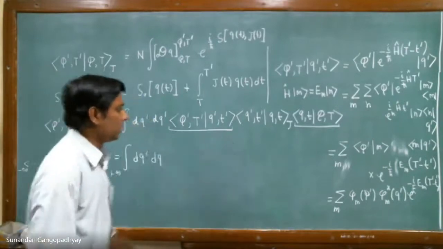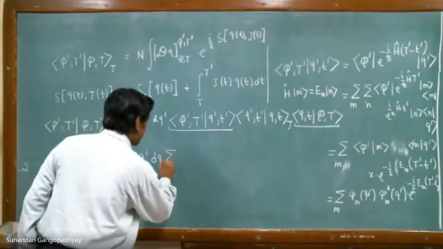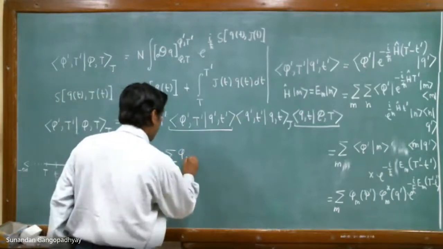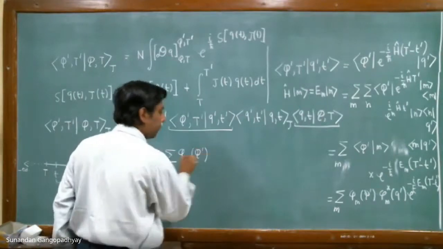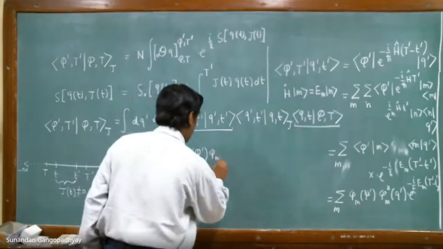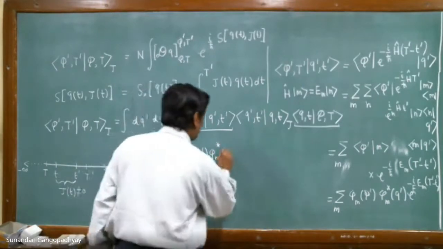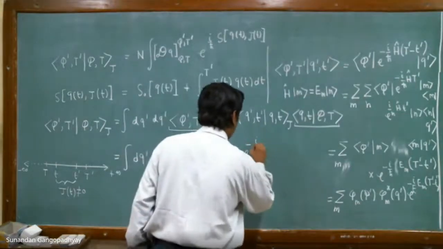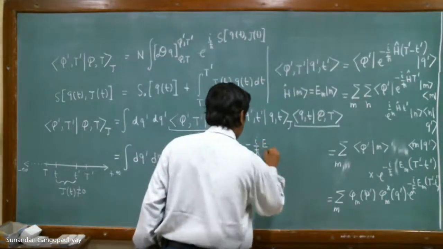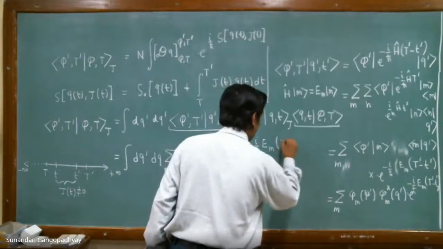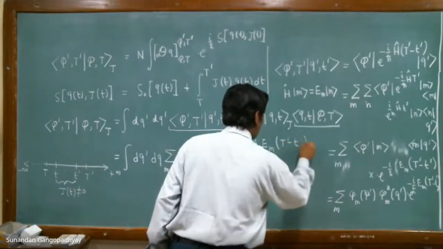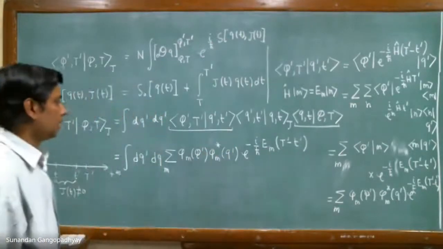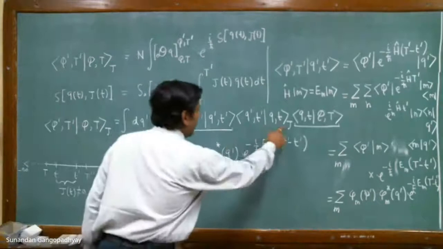To substitute this thing over here, that will give us summation over m, phi m Q prime, phi m star small q prime, exponential. Okay, so this is this term. Then we have this.